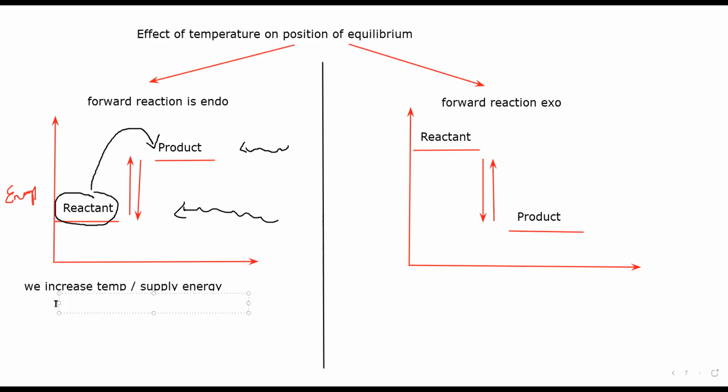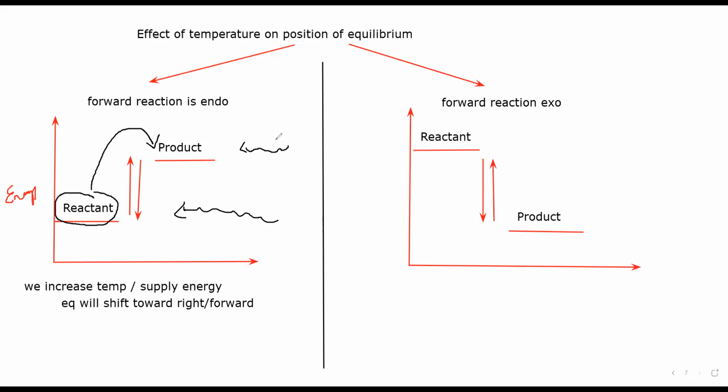If we increase the temperature, equilibrium will shift towards the right hand side, or forward. Is it clear? Because we have a reaction mixture with both reactant and product, and we are supplying energy. So equilibrium shifts towards the right, forward, or the yield will also increase.